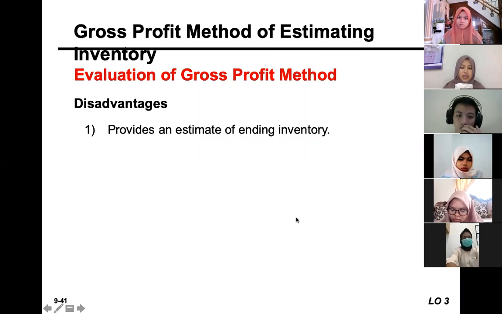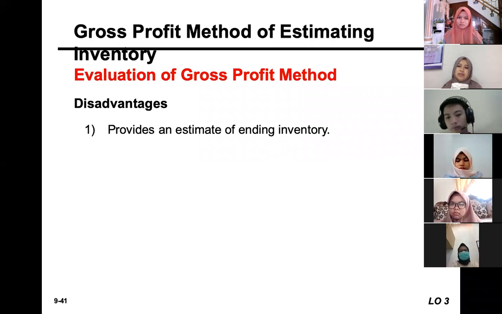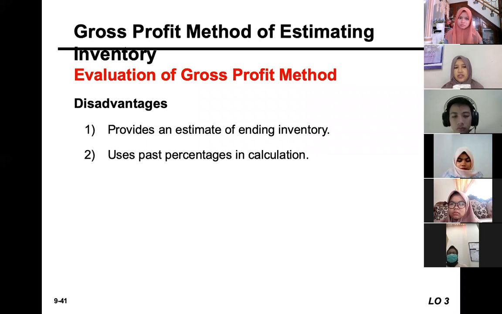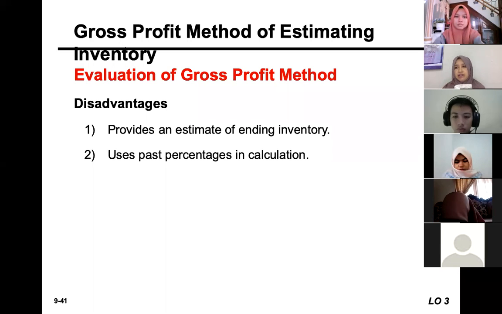Because it only provides us an estimate of ending inventory, not an actual amount of inventory. Okay, and then it uses past percentages in calculation. Why past percentages? That gross profit on sales just now is based on previous year's percentage. So we use that to calculate the ending inventory of this year. So it may not reflect the actual gross profit for the current year.